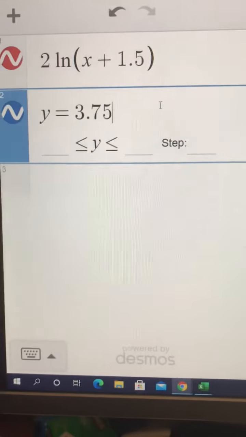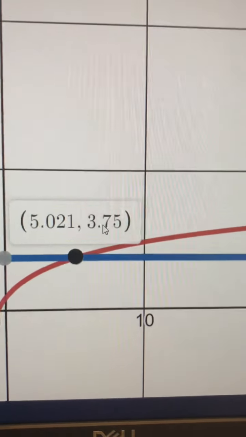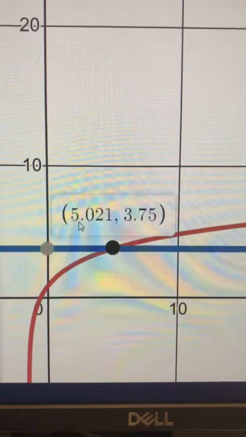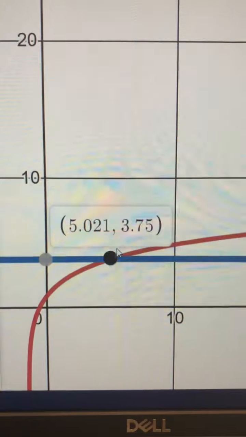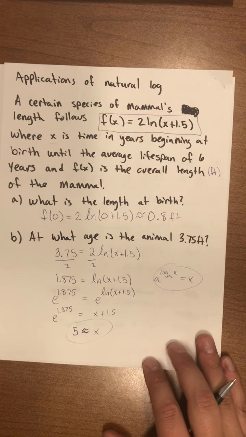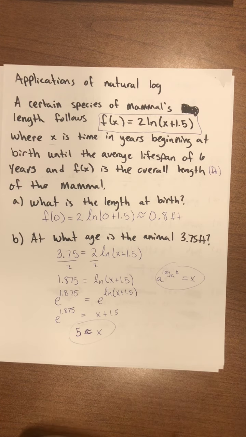So I just typed in y equals 3.75, and let's see what that ordered pair would be. So at about x equals 5, we get the output of 3.75. So we can just take a look at the graph, and mathematically, we are solving that equation and using that model to answer some questions.